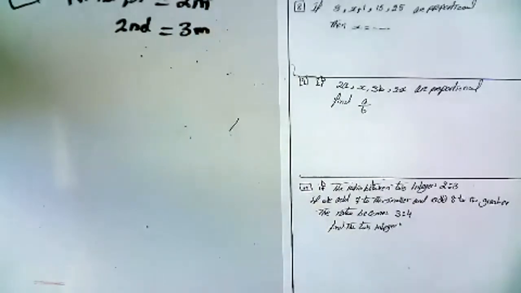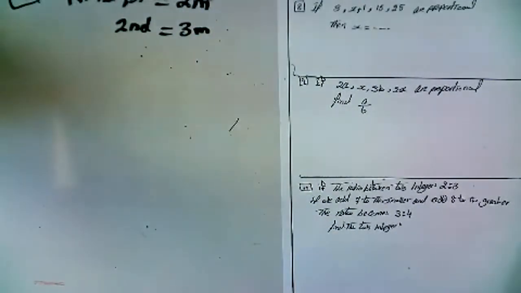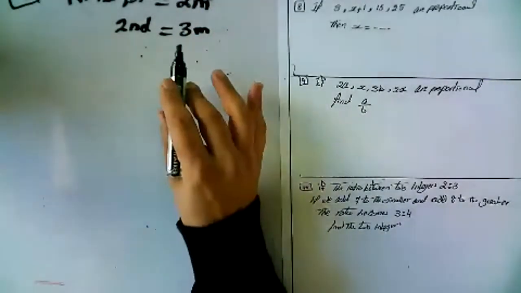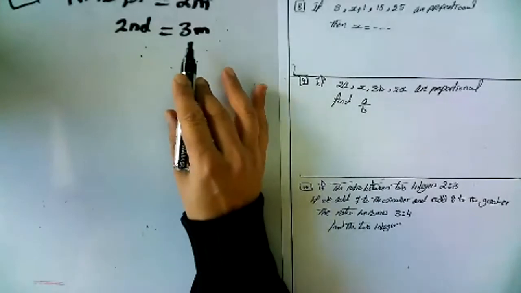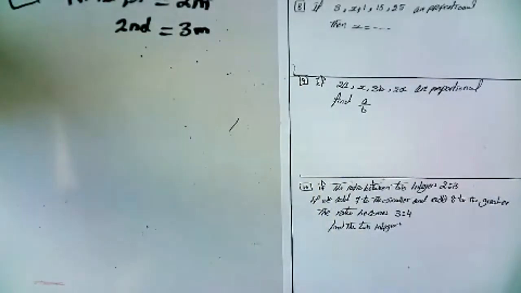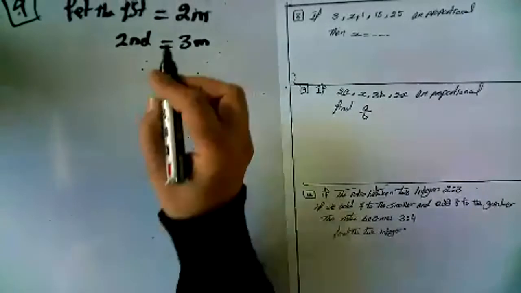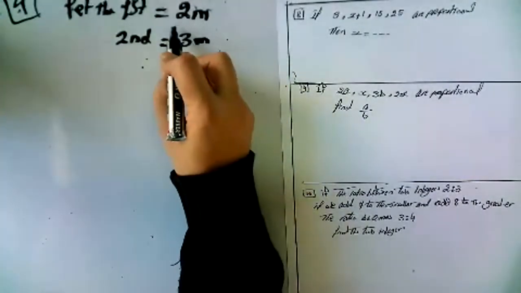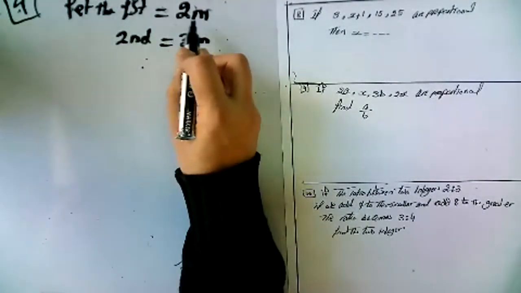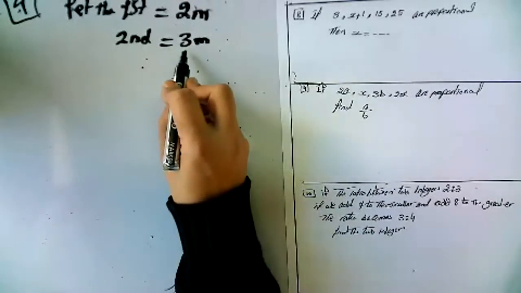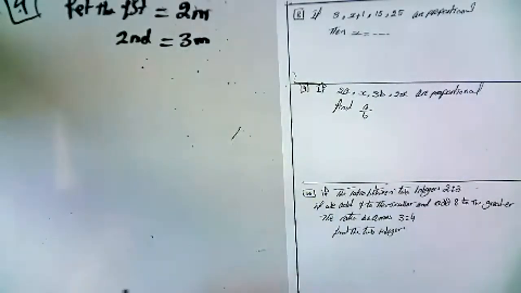Or you can let the first 2x and the second 3x, 2k, 3k, 2m, 2n, 3n, and so on. This is the real value of the first number 2m and the real value of the second number 3m.